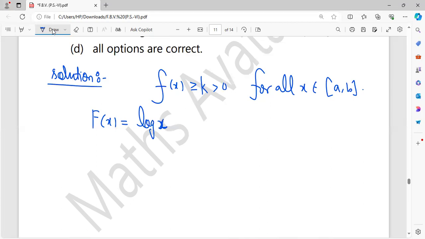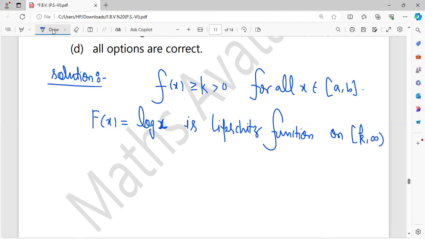This log x is a Lipschitz function on any interval [k, infinity) for k greater than 0.